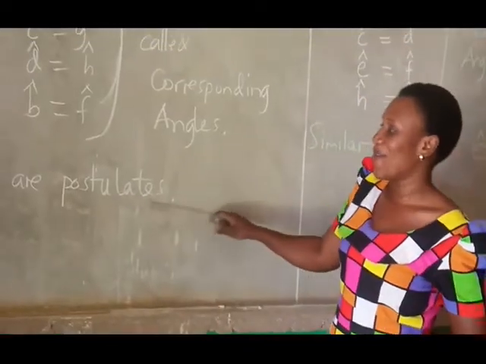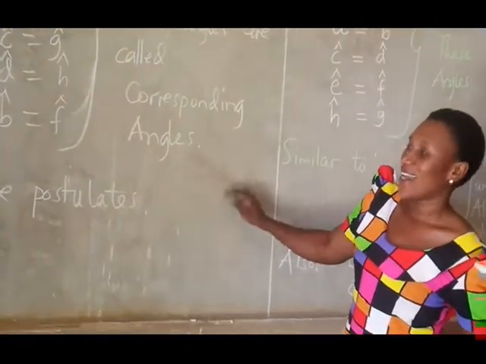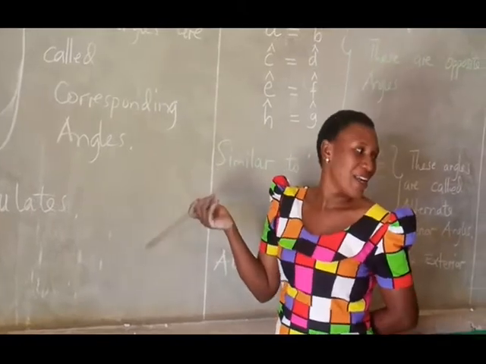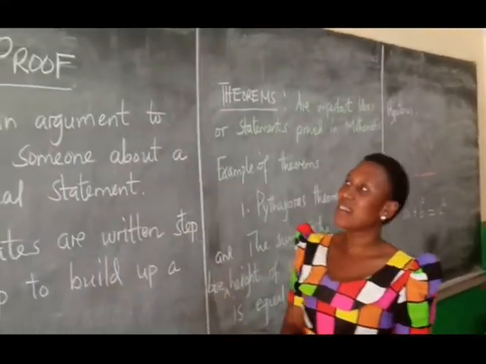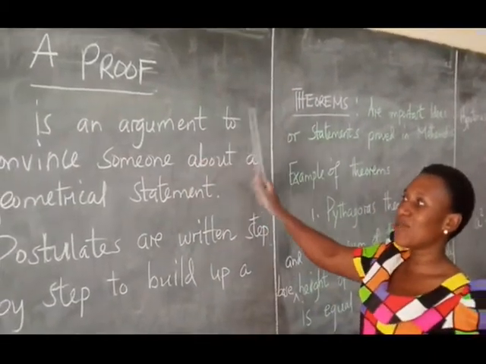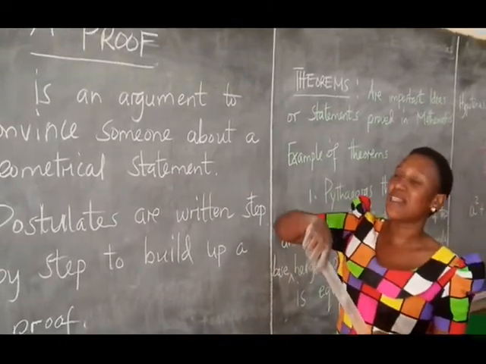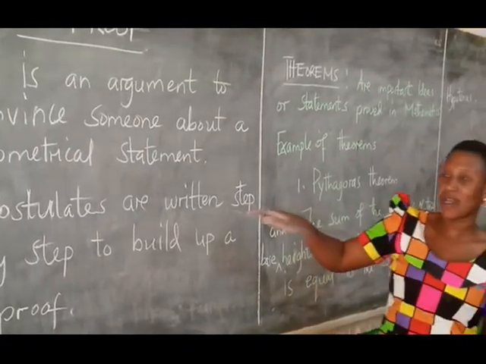At the end of our demonstration today, we will see another demonstration concerned with proof next time. We go on with our topic of congruence. The terminology is proof. Proof is an argument which convinces someone about a geometrical statement. The word proof means we are supposed to convince somebody to accept what we are talking about.